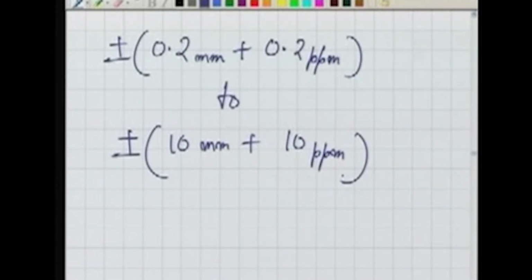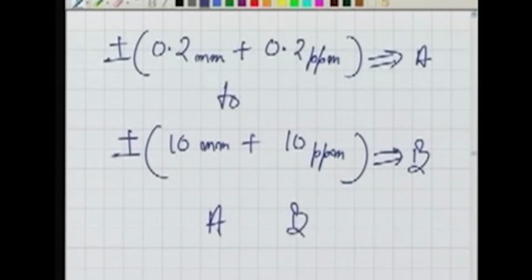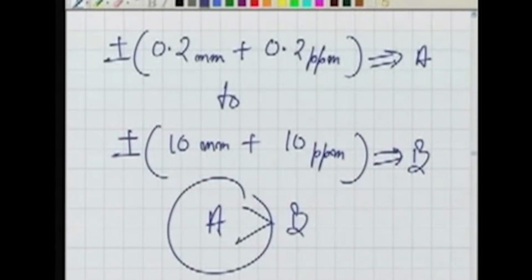So these are the common specifications which you get in the market. Now easily you can guess, out of these two instruments, let us say I write this as instrument A and this is instrument B, instrument A is definitely better than B. It is better because the error which is inbuilt in the instrument as well as which is being introduced with the distance is less here.